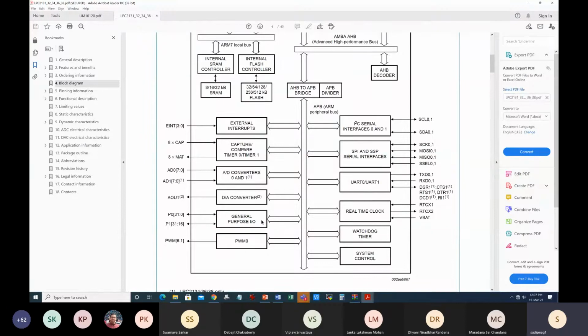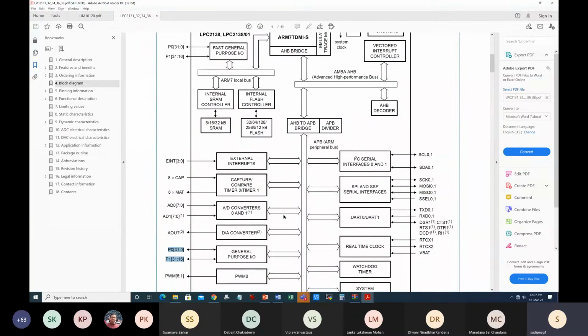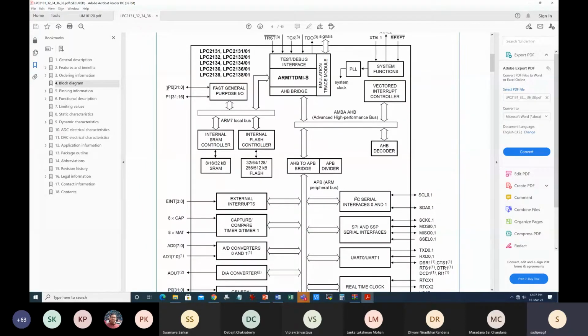These GPIOs are categorized into two types. There are simple GPIOs which are connected through APB, and there are fast GPIOs which are connected through the ARM7 local bus. We will ignore the ARM7 local bus programming for this course.